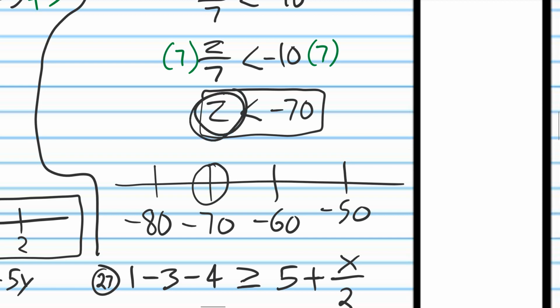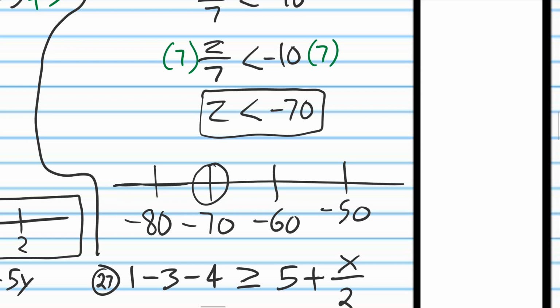Z is the shaded in part. That's the important thing to understand. The shaded part is going to be Z. So if you shade in here, that should be Z. Or if you shade in here, that should be Z. So Z, we're told, is less than -70.